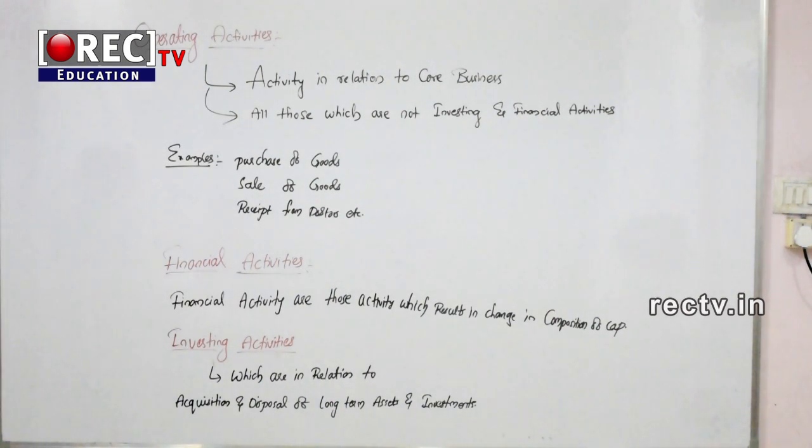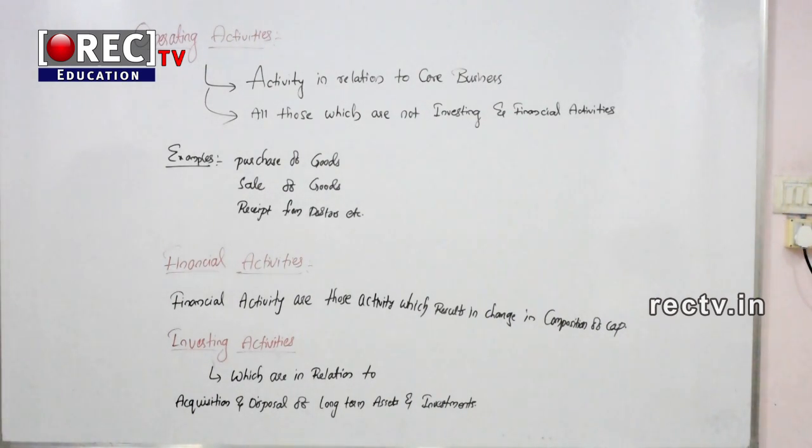Now let us know what financing activities are. Here financing activities are those activities which result in a change in the composition of capital. That is, in the balance sheet, whatever changes arise on the liability side, that is share capital, debentures or long term borrowings.